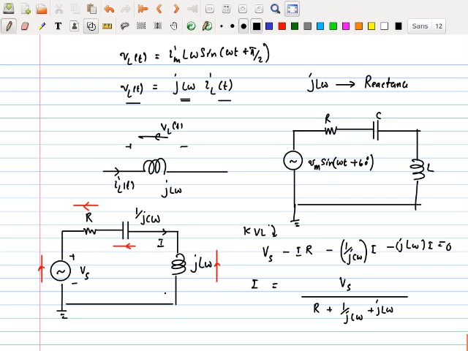This is equal to Vs over R plus j times L omega minus 1 over C omega, because 1 over j is equal to minus j over C omega. Why? Because j times j is minus 1, so if I multiply from here by j up, this becomes minus 1. So it's minus j over C omega. That's how I got this.